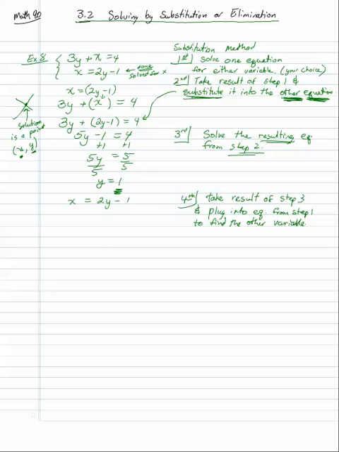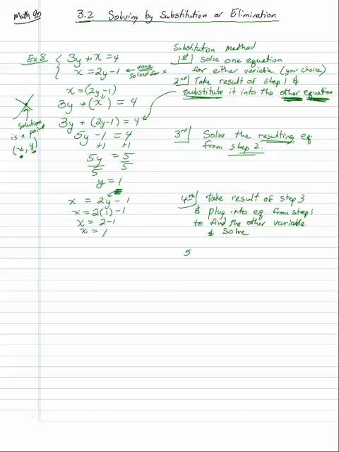We're going to substitute this 1 in for the y and solve for our remaining variable. So x is 2 times 1, which is 2, minus 1, which is 1.